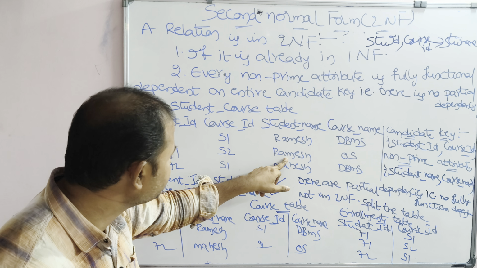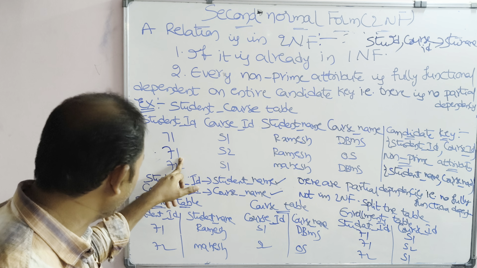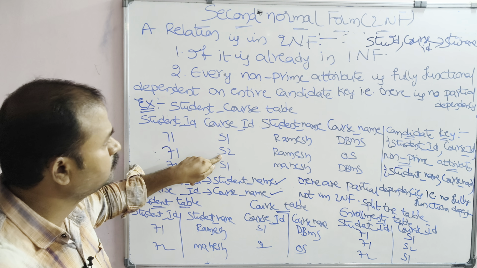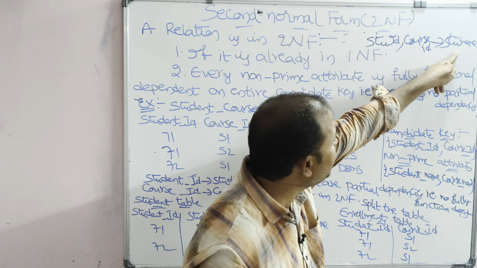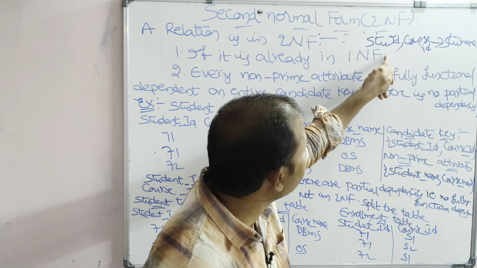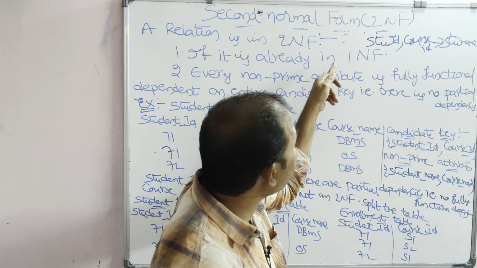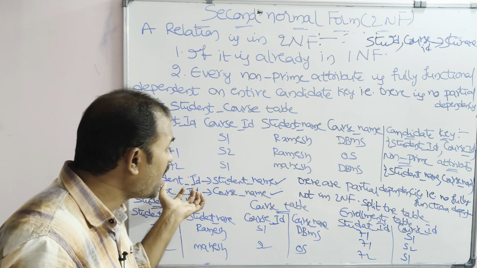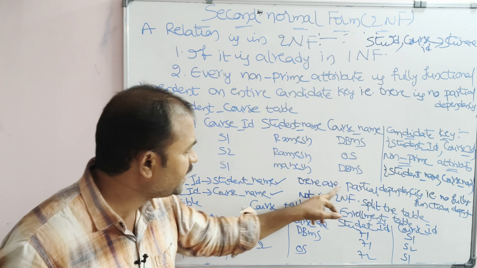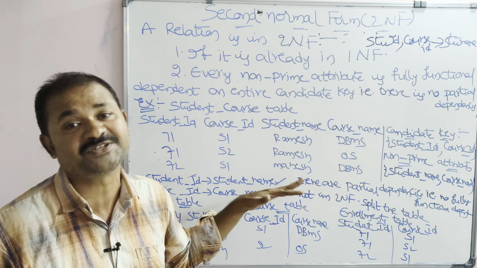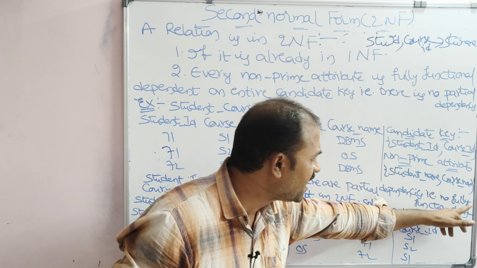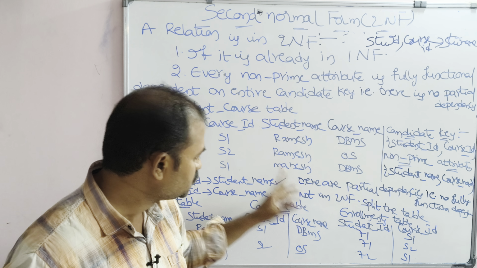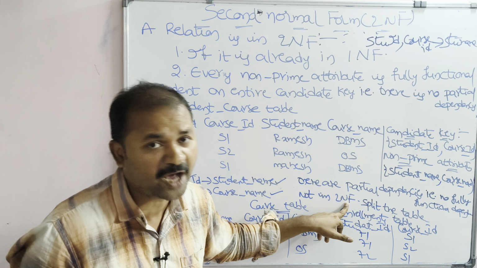Here also the student name is Ramesh, the student ID is the same, but the course ID changes from S1 to S2. So student name is not functionally dependent on the entire candidate key. Student name depends only on part of the candidate key. There are partial dependencies in this table. That is, there are no fully functional dependencies. So this table is not in second normal form.